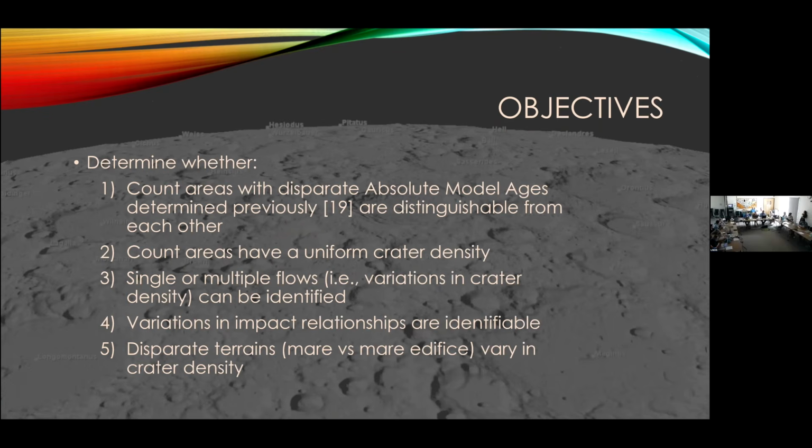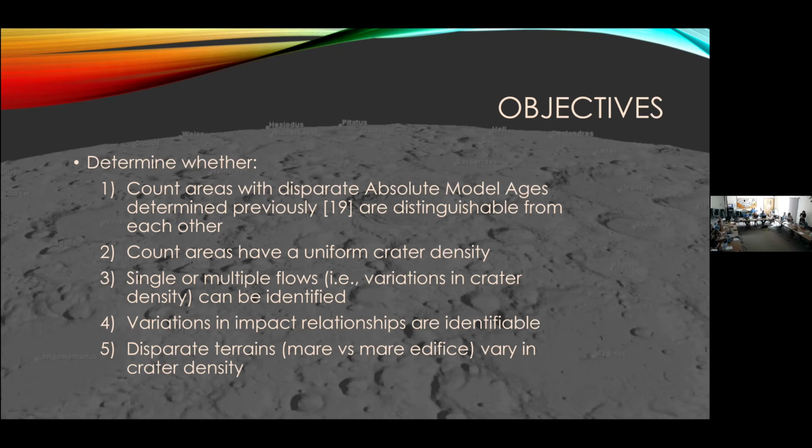Our objectives are fivefold here. If possible, with this data set, determine whether count areas with disparate absolute model ages can be distinguished. Find areas with uniform crater density. That's useful if you're defining a count area; you can kind of map it as uniform.